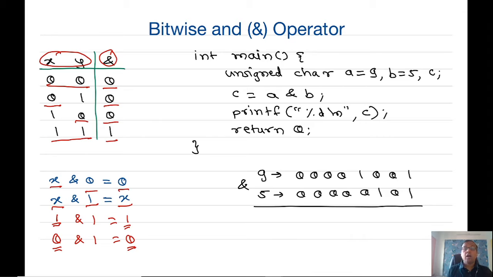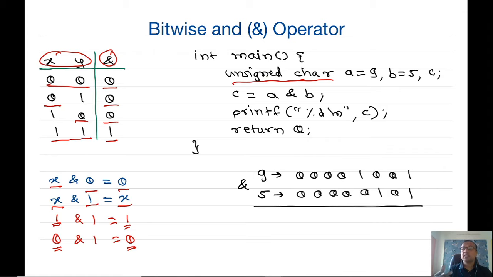Going ahead, how are these bitwise operators actually utilized in a program? Here is a small program that you are able to see, and purposefully, to keep it simple, I'm dealing with character values. Why character values? Because you know that the size of a character is 8 bits.